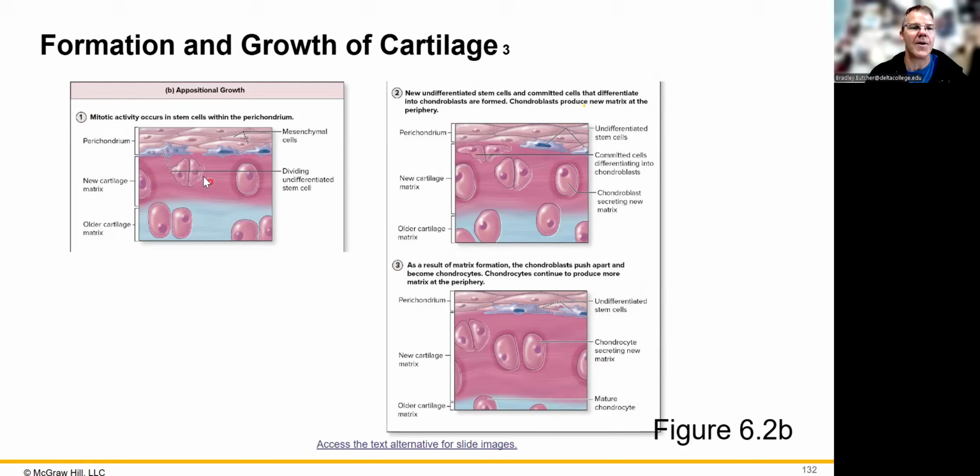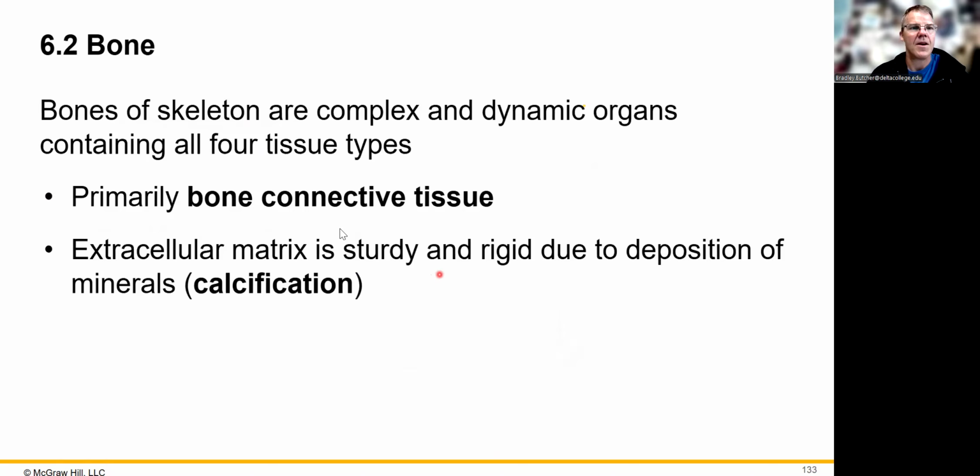Appositional growth is the same idea, but now we're looking more at that surface, the perichondrium. You have some mesenchymal cells out here growing, and new cartilage forming within. Some mitosis, more matrix being produced, so you have the new matrix out here, and the cartilage grows from the periphery, the outside surface.